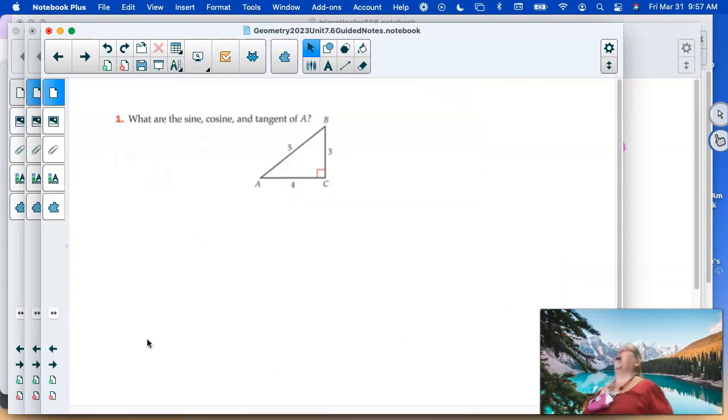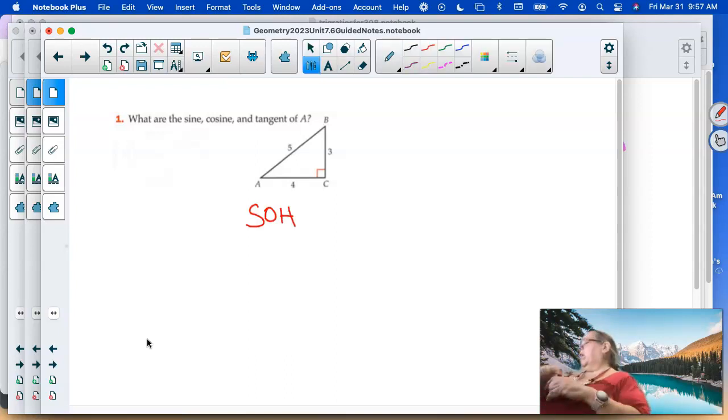Okay, what are the sine, cosine, and tangent of A? I am going to write SOHCAHTOA. First thing I want is the sine of angle A, and I'm marking the angle I'm using to make my life easier.